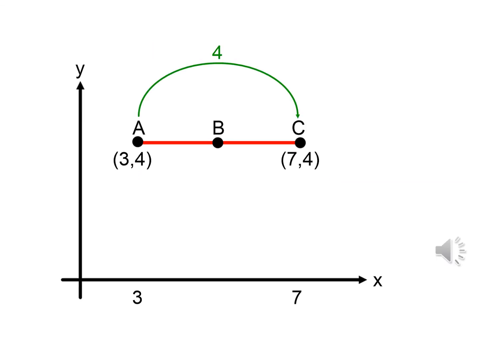It's a big help because if we know that on the x-axis, the big jump between point A and point C is the size of 4, then that's going to help us to work out where B is on the x-axis.